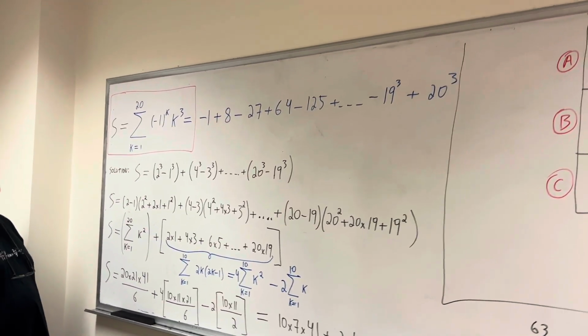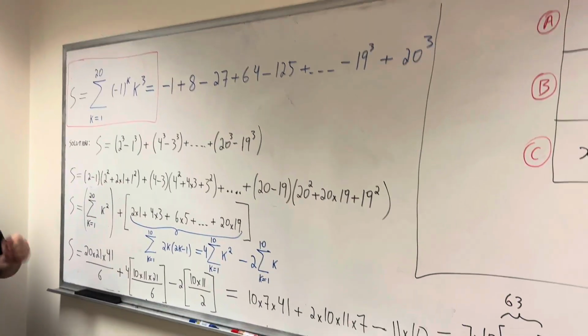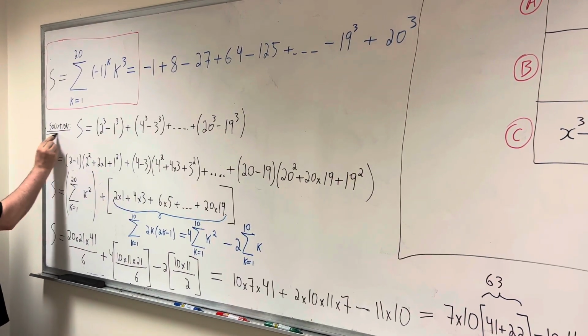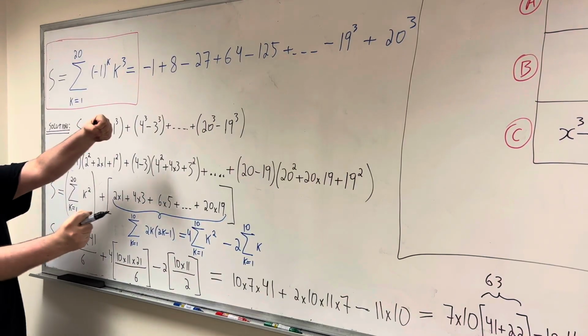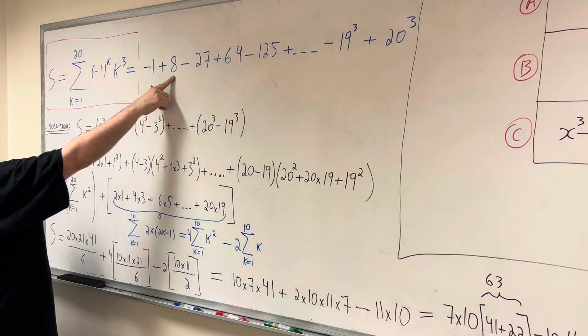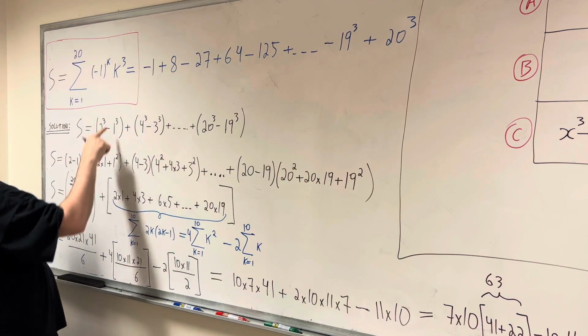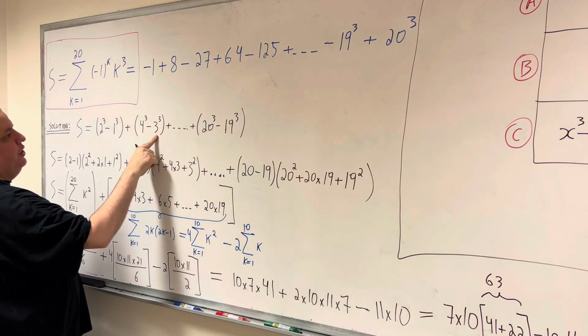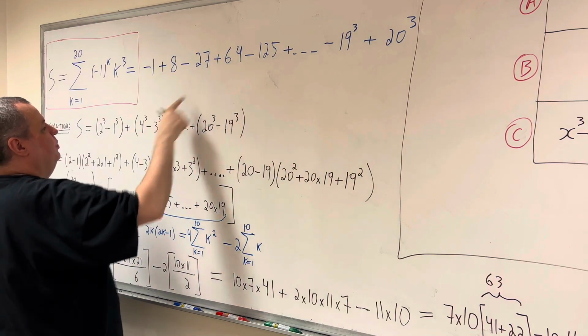Now the solution. Now we have our basic elements. We have our problem. We can attack the problem. Let's attack. So I'm going to write 2 cubed here, the minus 1 cubed here, then the negative 3 cubed is here, the 4 cubed is here.